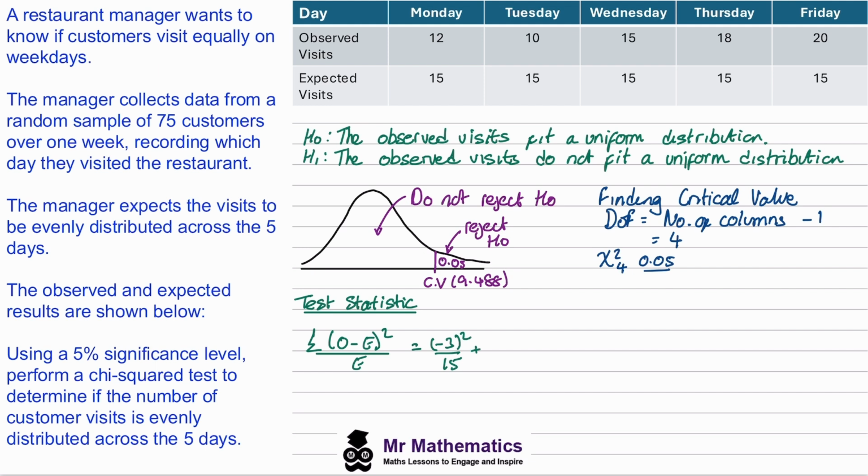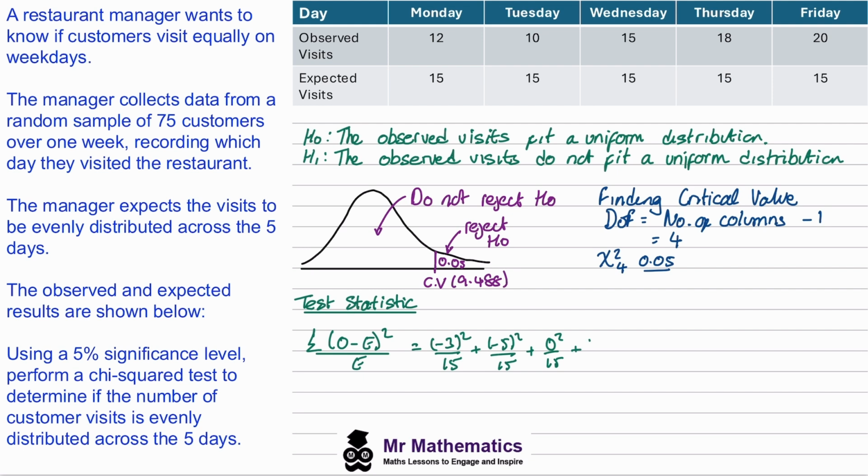plus for Tuesday. So 10 take away the 15, so negative 5 squared over 15 plus the Wednesday, 15 take away itself. This will give us 0. And then for Thursday, 18 take away 15.